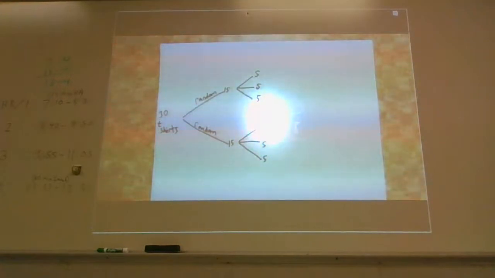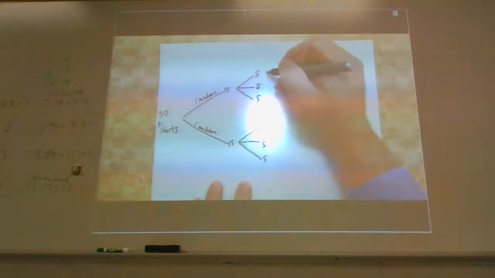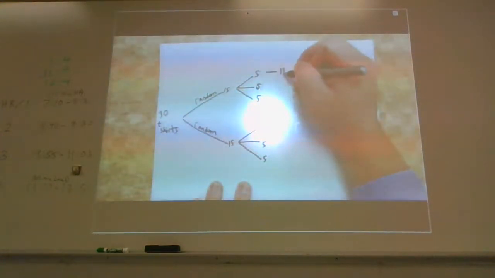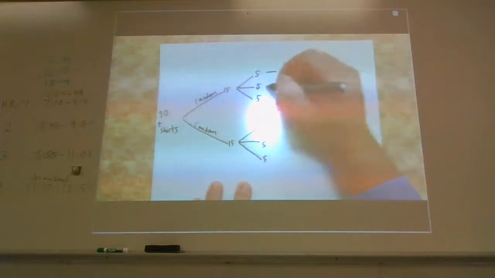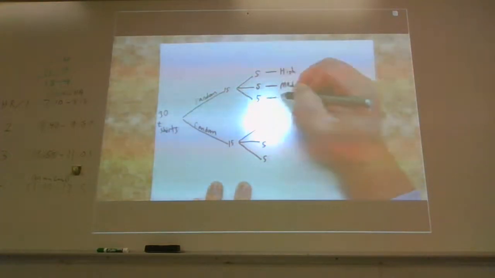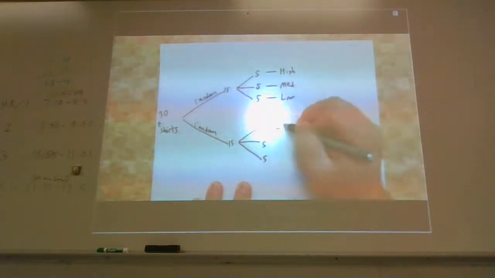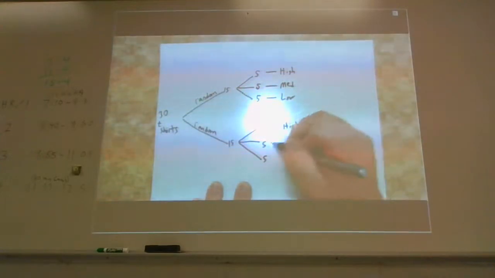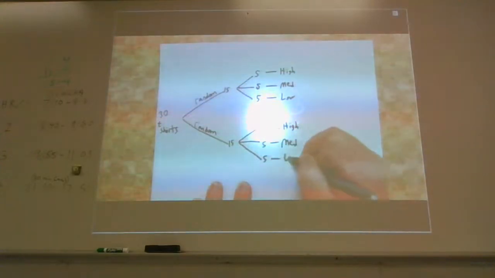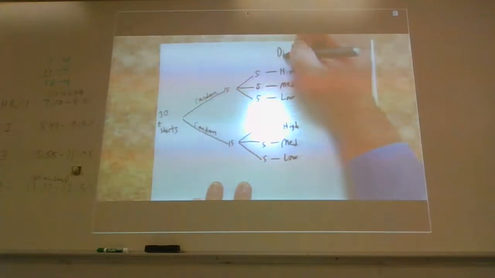These 5 t-shirts in each category, we're going to give them a certain level of dirt: high dirt, medium dirt, or low dirt. There is my dirt.